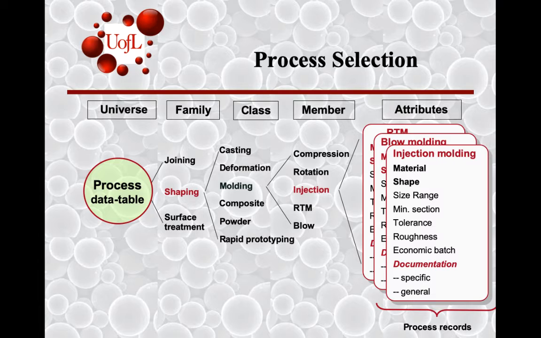Just like you could click on any particular material and see the physical, mechanical, and thermal properties, attributes of this nature are provided in process records, and there are ways to map this information out, not only within the process family but also across other material indices.